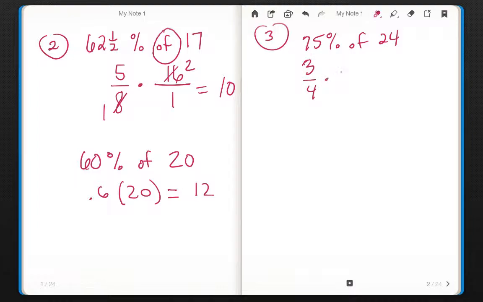So smart, Sebastian. Times, now, can I easily use 24? If it already works easily, then don't change it. So why is 24 easy to work with here? Because 4 is a multiple. Right. 4 goes into 24 6 times. So then we get 18.